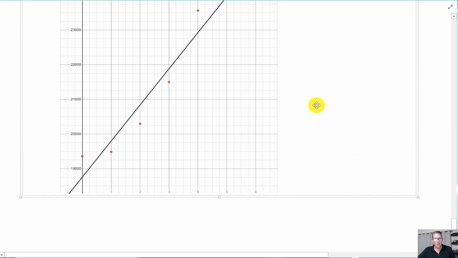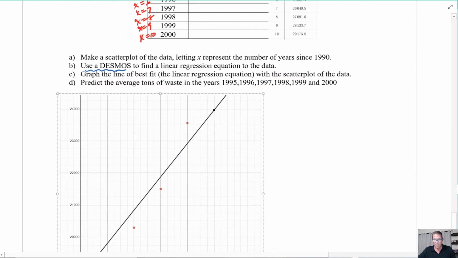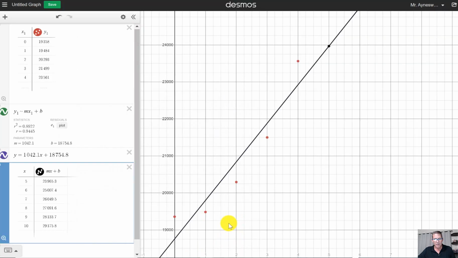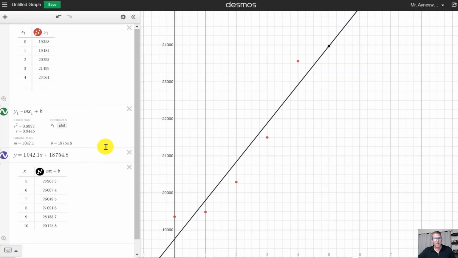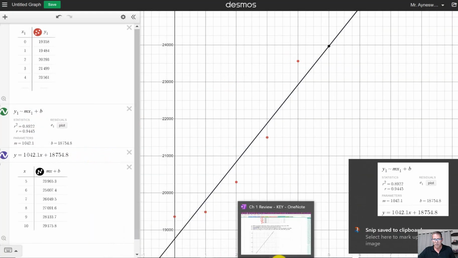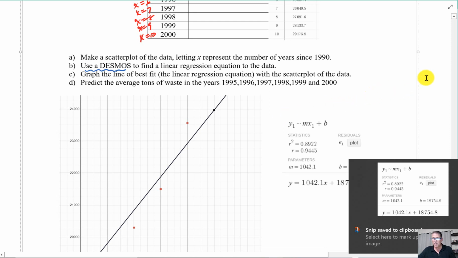Okay, and let's get the linear regression line. This is the line of best fit. Our prediction tools is the last thing I need, so let's go back to Desmos. It's right here, so just highlight your regression equation, copy it. Actually, you know what? I'm just going to screenshot the entire thing because I want to see it. So I'm going to get the regression equation plus the correlation coefficient.